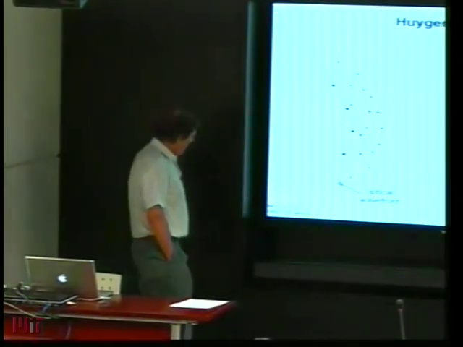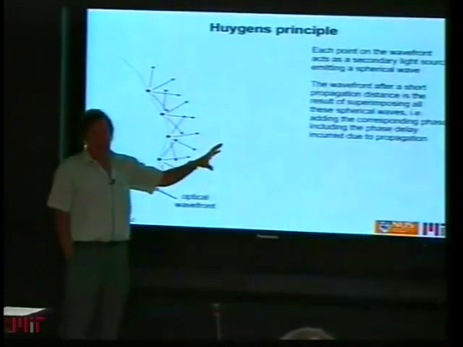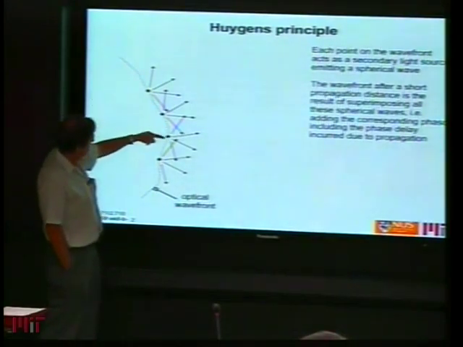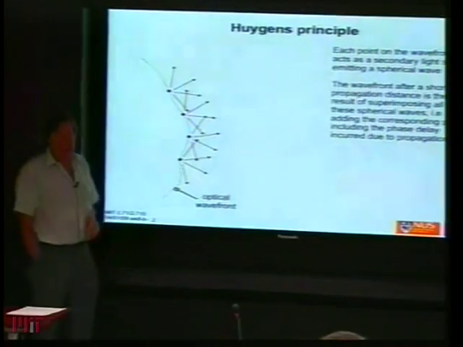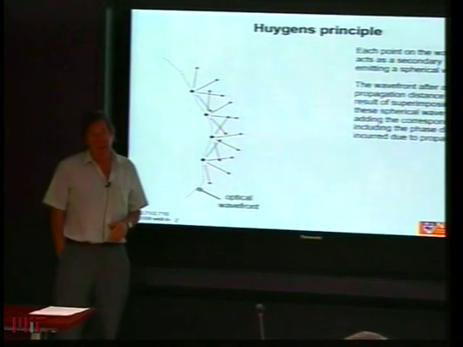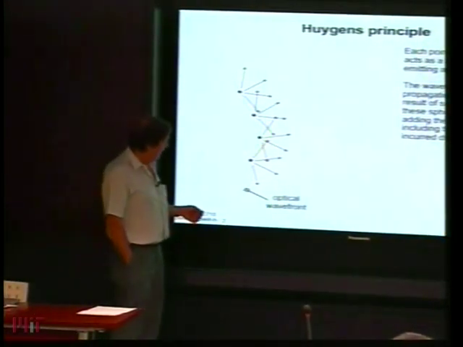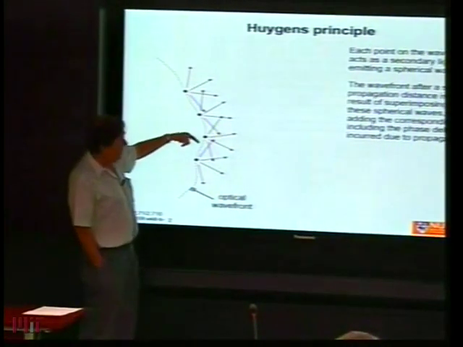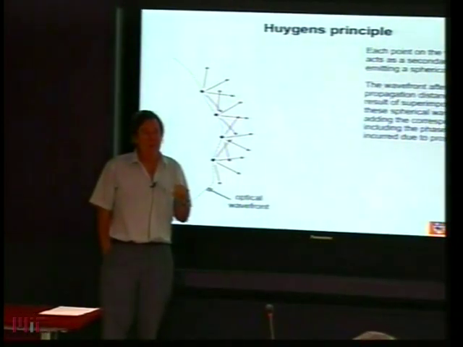He was saying that if you think of a light beam, a wave propagating in space, then at some moment in time, this is a wavefront. The wavefront is a surface of constant phase, right? He came up with this model for how light propagates, where he assumed that all the points on this wavefront can be thought of as being a source of what he called secondary wavelets.